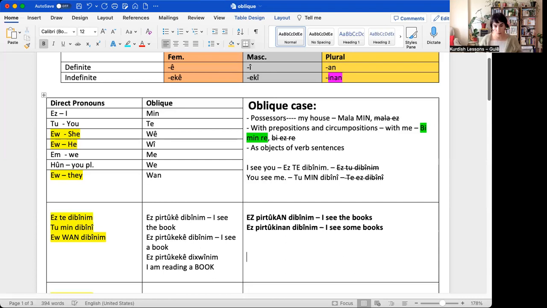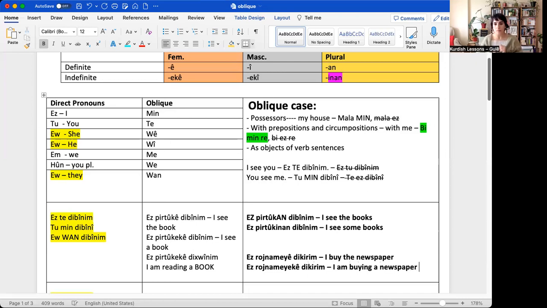Also important. Or as روزنامه ذكر, I buy the newspaper, the definite one. Or as روزنامه که ذکرم, I am buying a newspaper, not important which it is, okay?